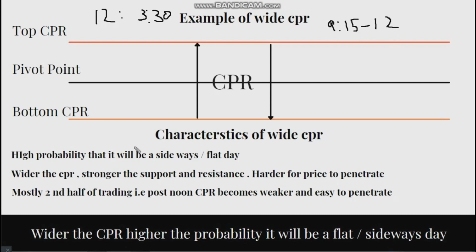So the third point is saying mostly in the second half of the trading session, which is from 12 till 3:30, the CPR becomes weaker and it gets easier for price action candles to penetrate. It is easier because the CPR gets weaker in the afternoon session.